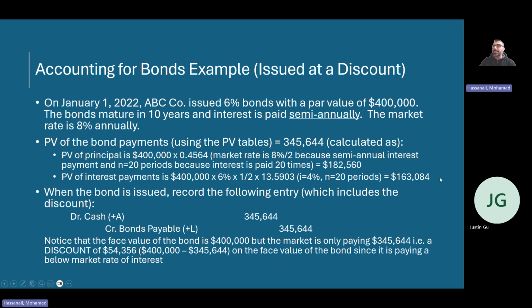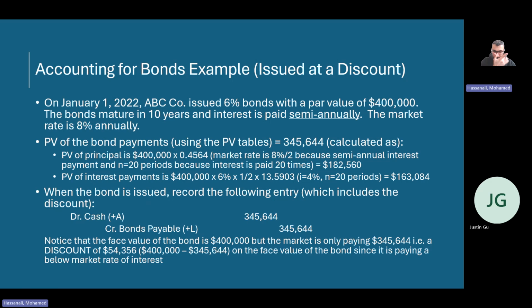Okay, so the next example we look at is one where you are issuing at a discount. Okay, so this means that the bond you are issuing is paying an interest rate that is lower than the market.